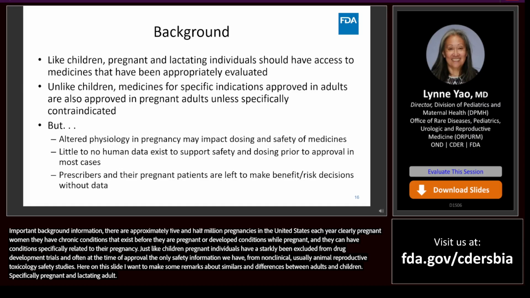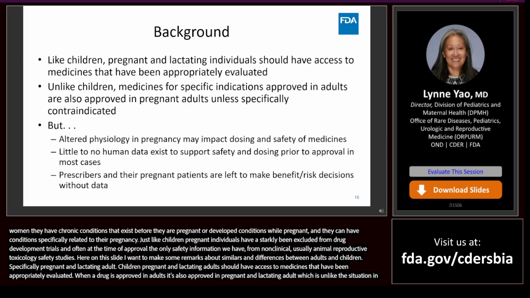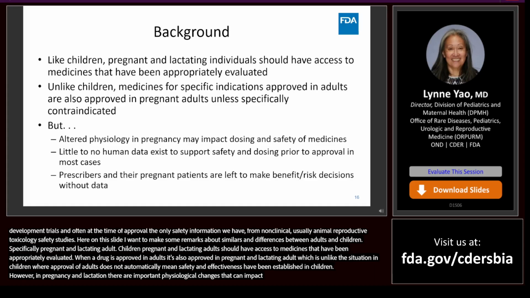But when a drug is approved in adults, it's also approved in pregnant and lactating adults, which is unlike the situation in children, where approval in adults does not automatically mean that safety and effectiveness have been established in children. However, in pregnancy and lactation, there are important physiological changes that can impact the safety and dosing of drugs. And oftentimes at the time of approval, the only information we have are from animals.